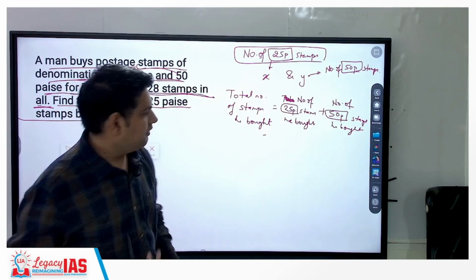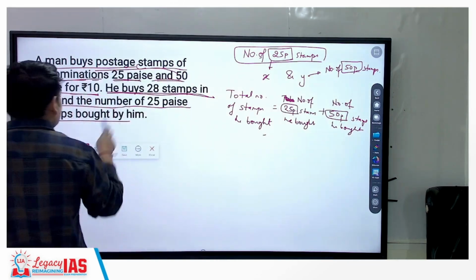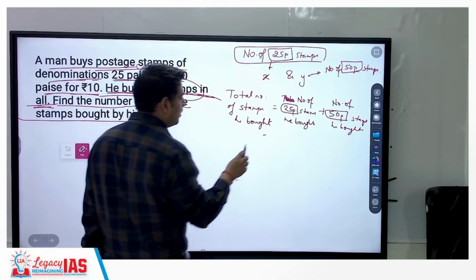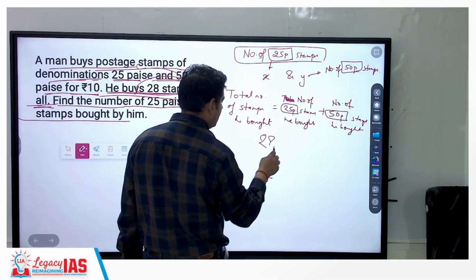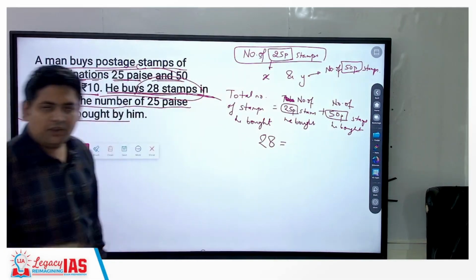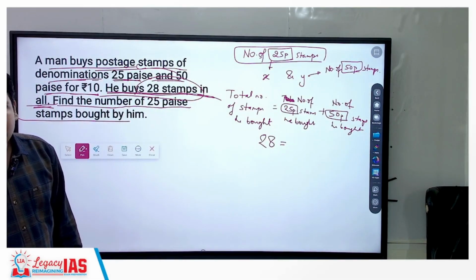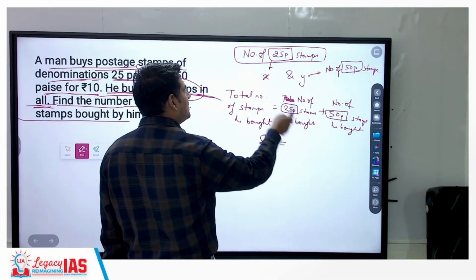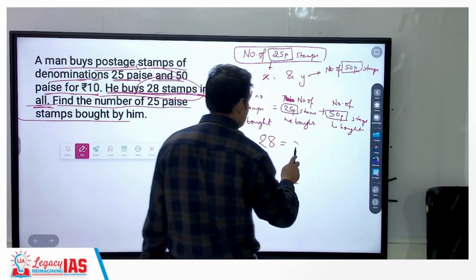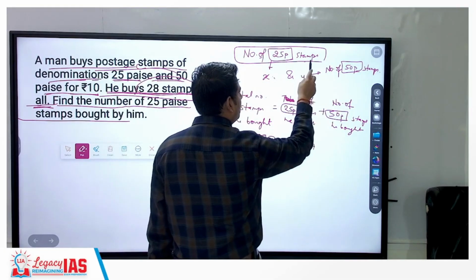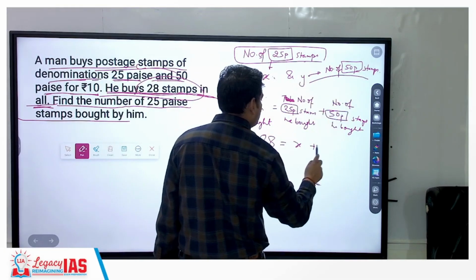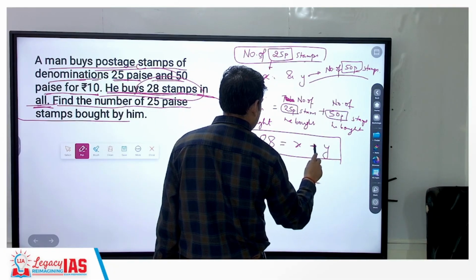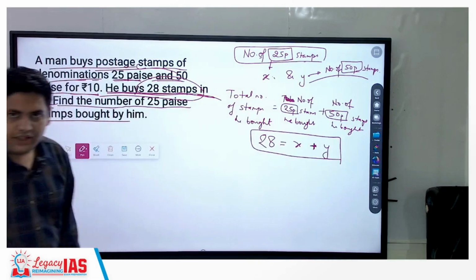Simple, intuitive. Now what it says: he buys 28 stamps in all. That means how many stamps he bought? 28. Now this 28 will be equal to the number of 25 paise stamps, that is X, plus the number of 50 paise stamps, that is Y.